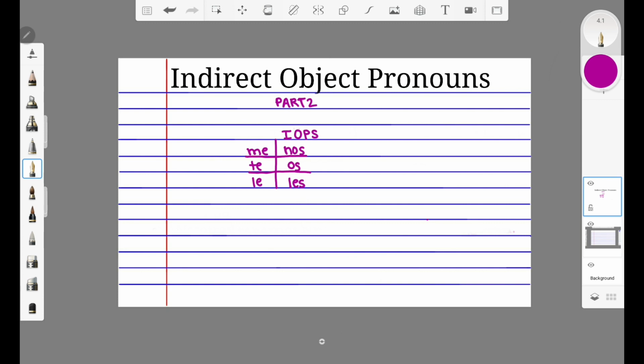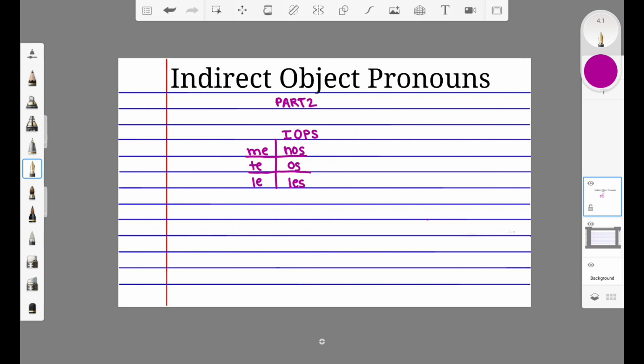So by now you should be fairly familiar with this chart. We use it for almost every conjugation and any sort of grammar concept in Spanish. As a reminder, your subject pronouns are yo, tú, él, ella, usted, nosotros, vosotros, ellos, ellas, ustedes.